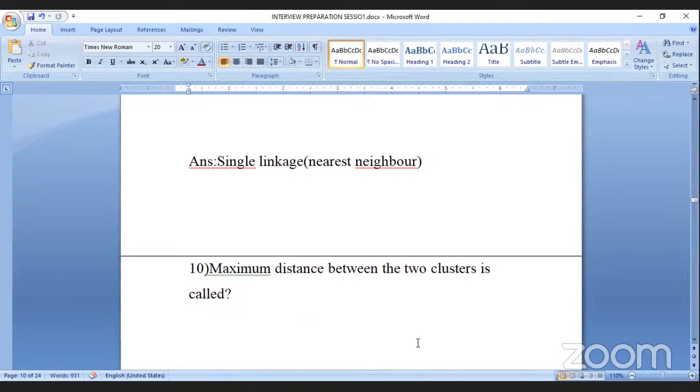Then tell me, friends, the maximum distance between the two clusters. The previous question was minimum distance, so now it is maximum distance. What is the answer? Centroid method, we try. Can I get some answers for the tenth question, friends?